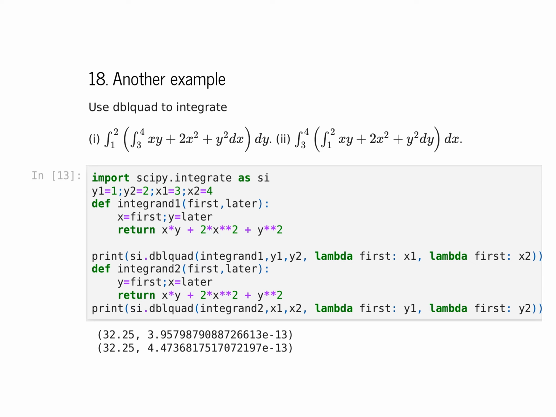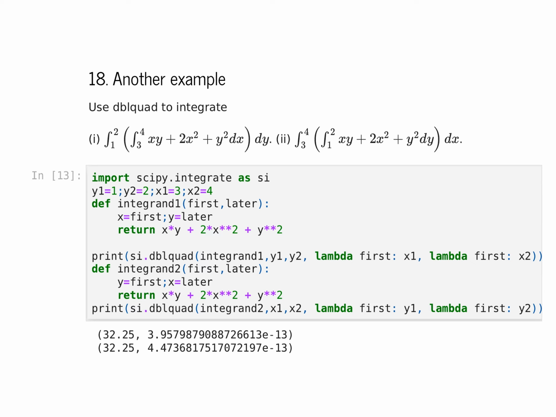The code begins by defining the limits y1 equals 1, y2 equals 2, x1 equals 3, and x2 equals 4. For the first integration order, dx then dy, we define a function integrand1, where the first argument, first, corresponds to x, and the second argument, later, corresponds to y. We then call dblquad with y1, y2 as the outer limits for y, and lambda functions defining x1 to x2 as the inner limits for x.